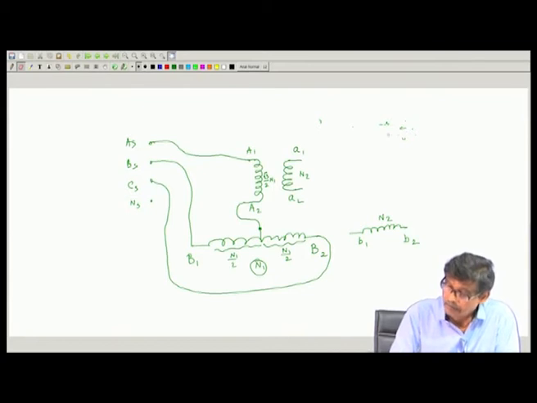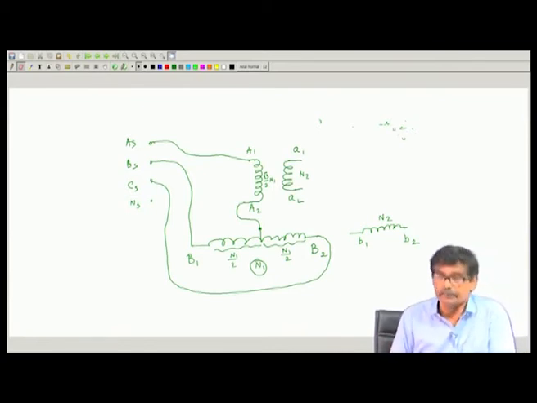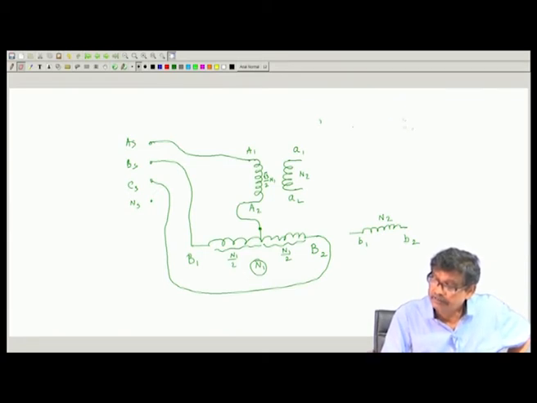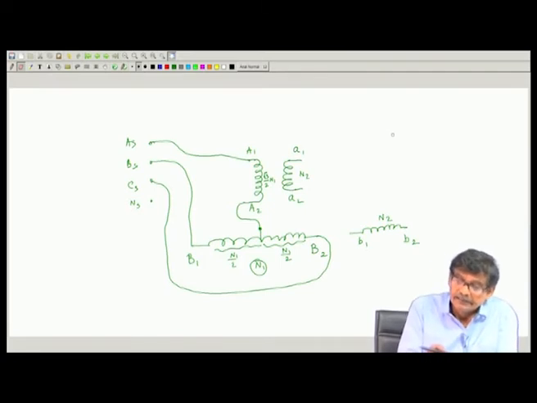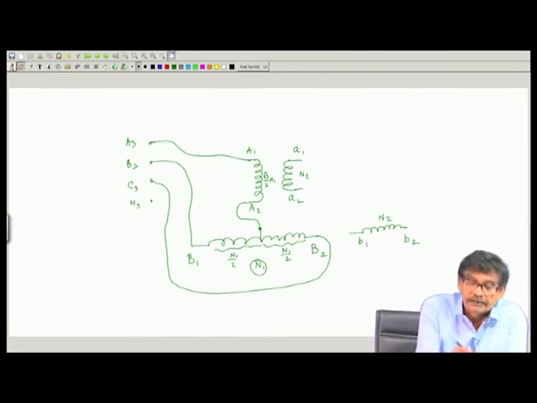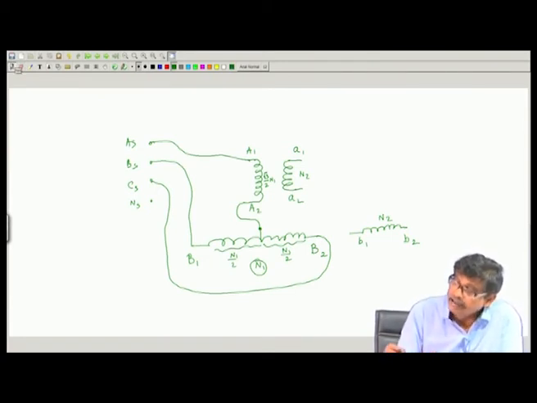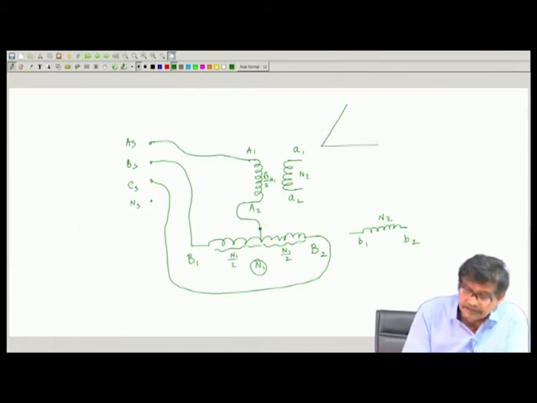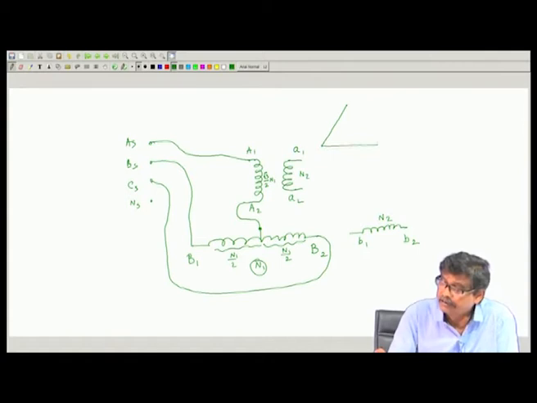Now, we have examined what it is. Suppose I want to see in phasor terms what voltage I have applied on the primary side. Since the supply voltage is balanced like the previous one in transformer connections, I can draw this voltage triangle, and the supply is phase sequenced as AS, BS, CS.